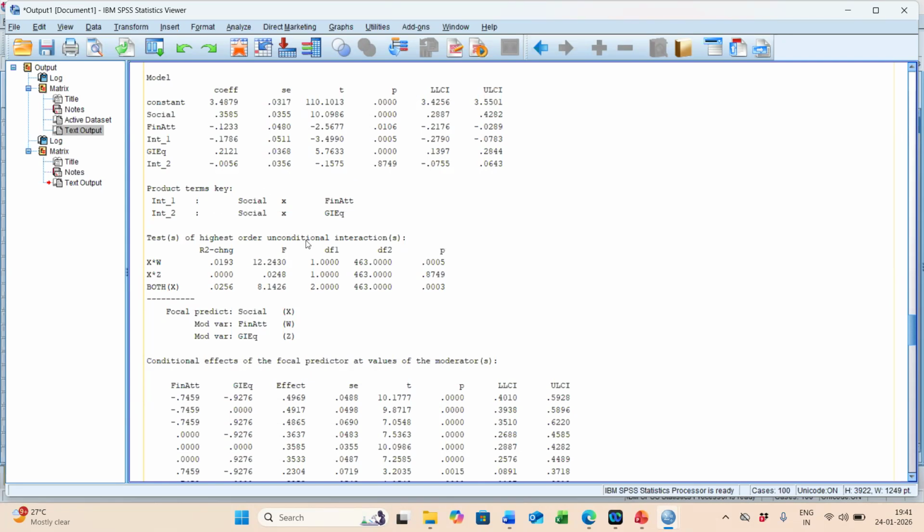So we are provided with very vital information, that is interaction number 1. What is interaction number 1? Socialization and financial attitude. Interaction number 2 is socialization and gender equality. And the higher order unconditional interactions, that is the interaction between socialization and financial attitude, R square change is 0.019.